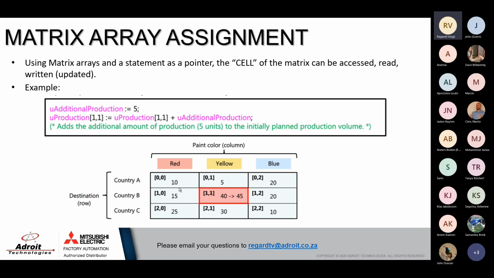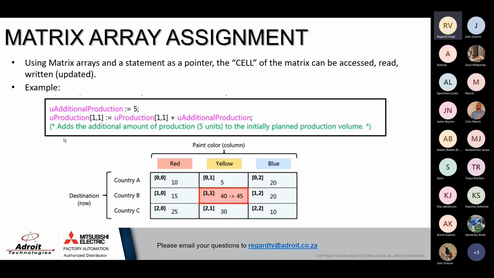Okay, so each one of these elements is stored in a cell and defined as an array in GX Works 3, which will be called or accessed using these elements as expressed here. So based on that, you can perform calculations on each variable in each cell.